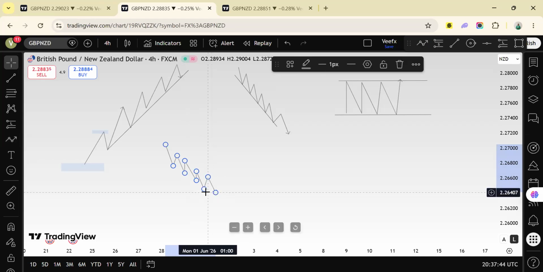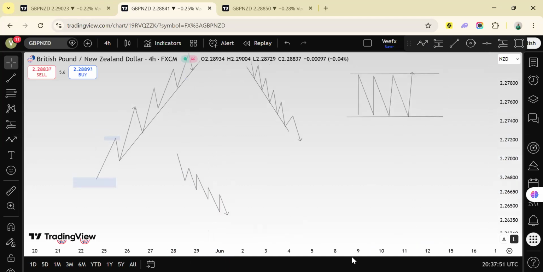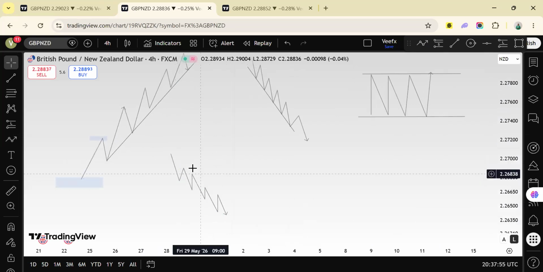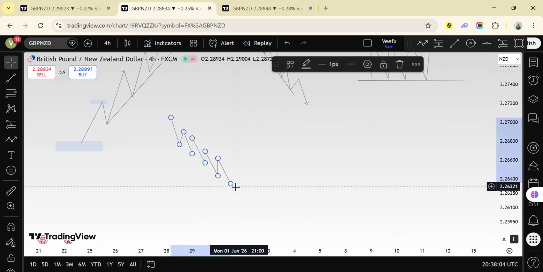Now, this is a downtrend, right? Now, if I am seeing a chart pattern like this, since it has already been giving me a long bearish pattern, what I'll be looking out for is to take a reversal, for me to start looking to buy. Because this trade is on a downtrend right now, and it has been on a downtrend for a long time, following a clear downtrend pattern.